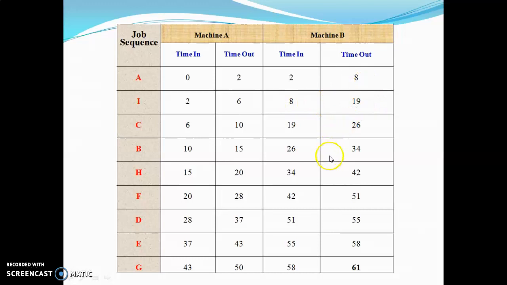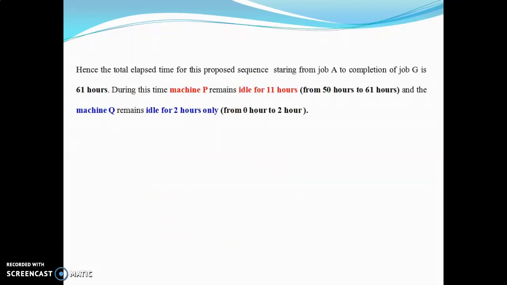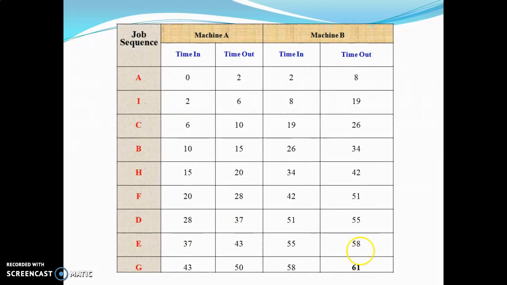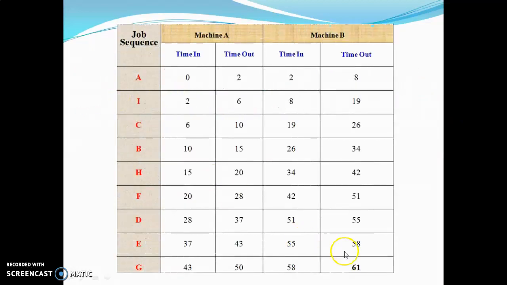So as per this procedure of Johnson's rule, the total elapsed time, here in bold black, is the total elapsed time on machine B. Hence the total elapsed time for this proposed sequence, starting from job A to G, is 61 hours. You see here, 61 hours.